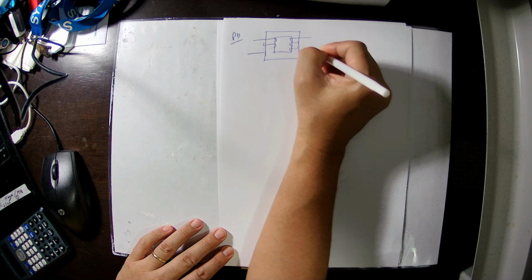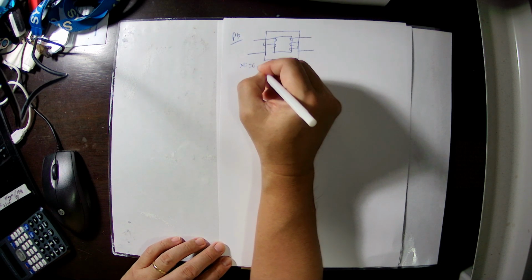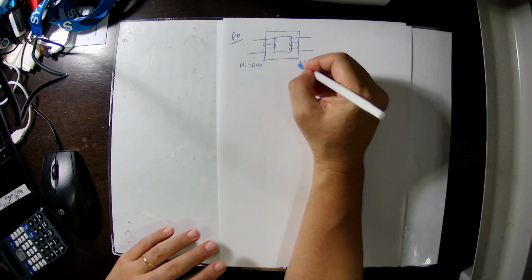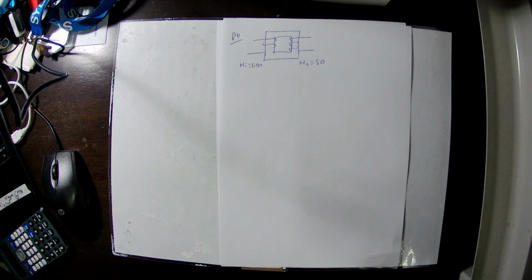The primary is 300 turns and the secondary is 50 turns, so N1 is 300 and N2 is 50. The flux is 25 milliweber, changed in 5 milliseconds. We have to calculate the voltage.